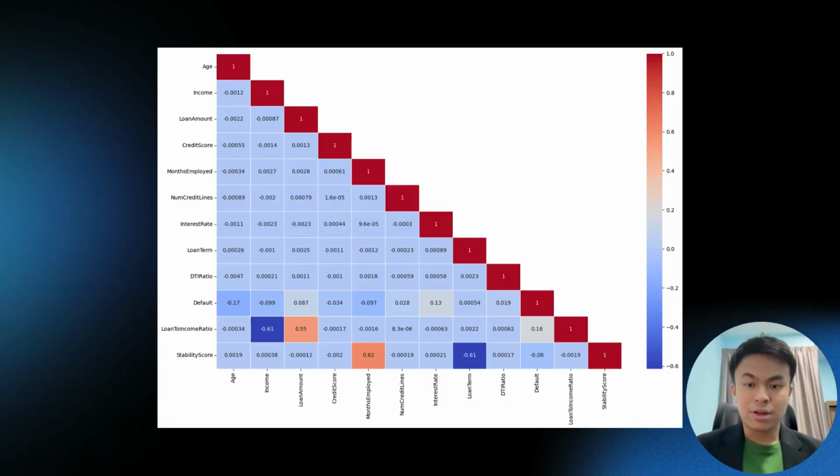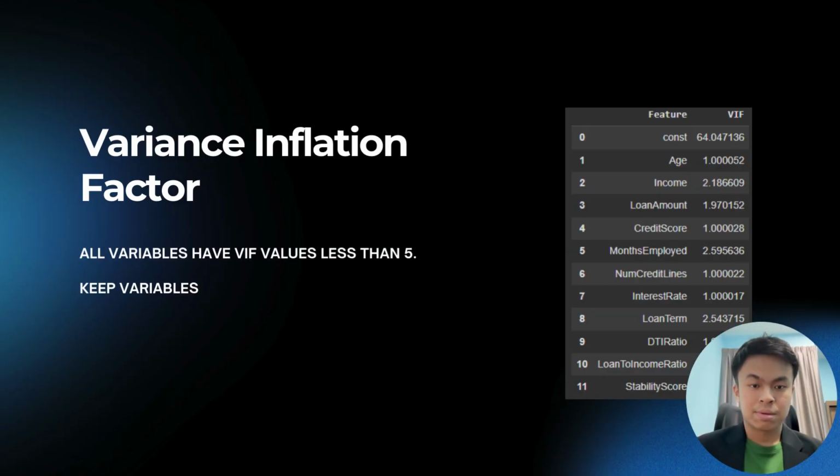So the derived features will have some relationships with the features that they derive from. So it's normal.